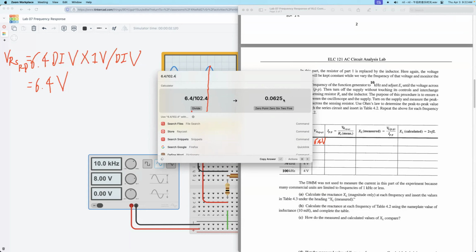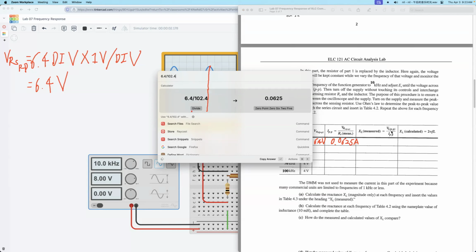So we know if we move this point to the right by 3 digits, this is 62.5 milliampere, right? So we can write down this one, 0.0625 ampere.